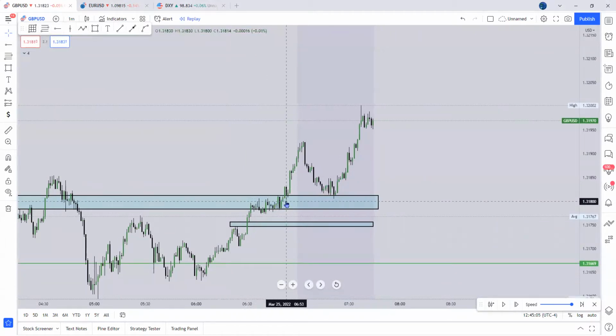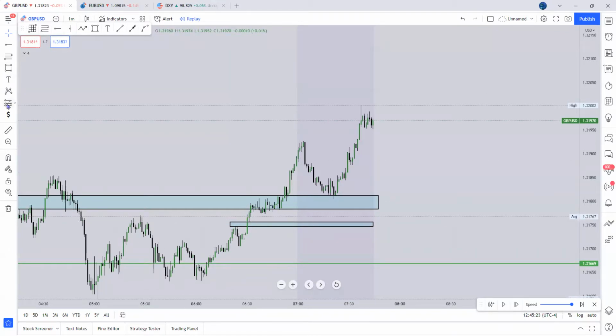So in my opinion, this would have been fine, though I think in real time I wouldn't have taken this, simply because there is a fair value gap beneath it. So my discipline would have said, no, don't take it. It might wick the fair value gap beneath.